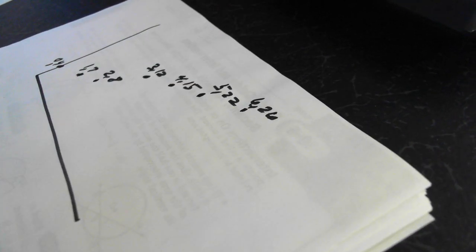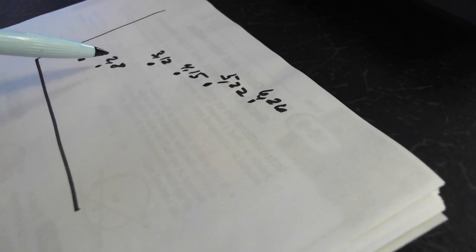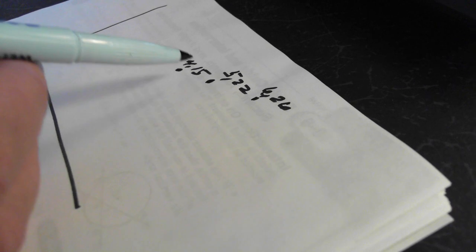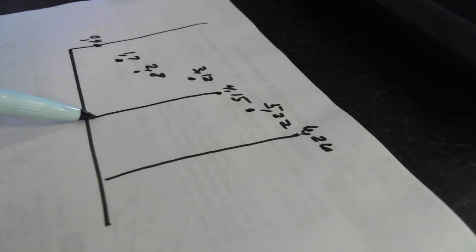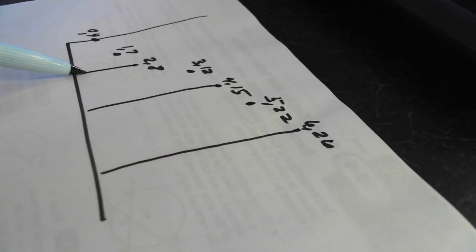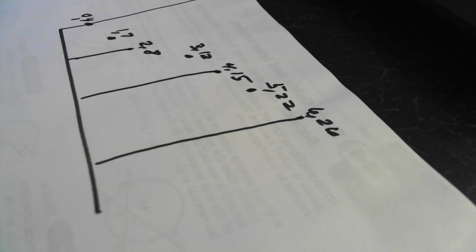They say they want this divided up into 3 equal subintervals. Well, that's 1, 2, 3, 4, 5, 6 spaces. So if we divide it into 3 even subintervals, our slices are going to look like that.